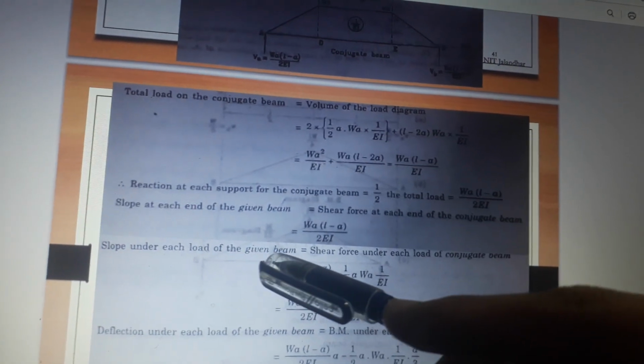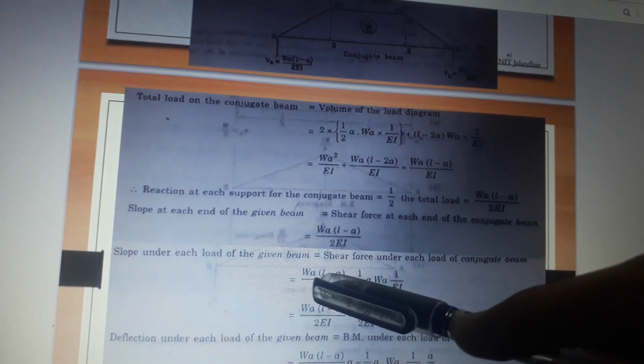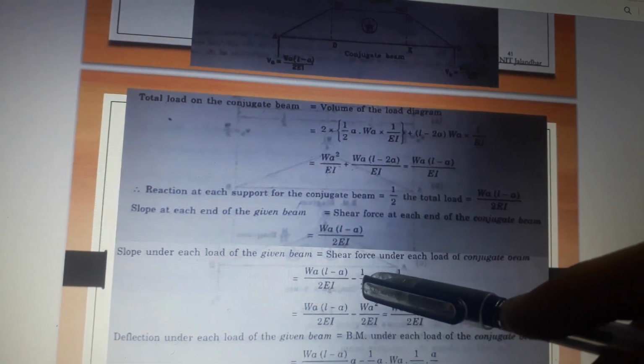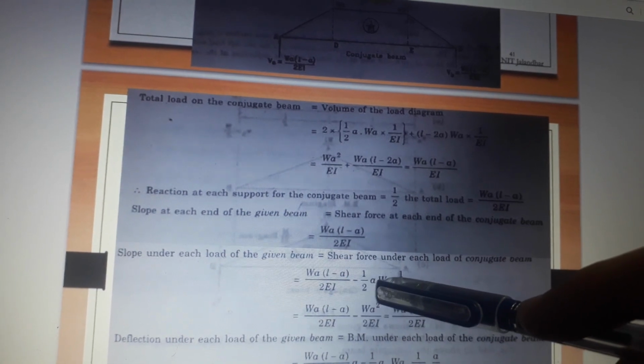Slope under each load of the given beam is equal to the shear force under each load of the conjugate beam, which is equal to WA into (L minus A) over 2EI minus half into A into WA into 1 by EI.